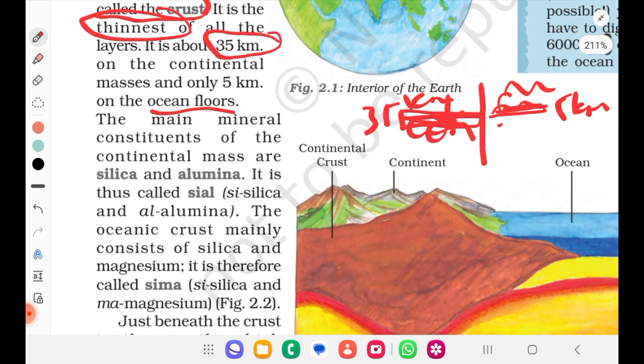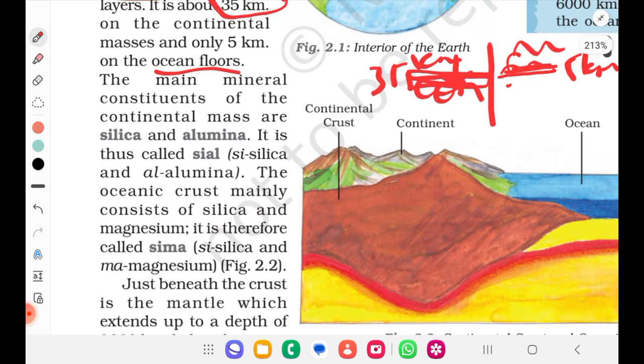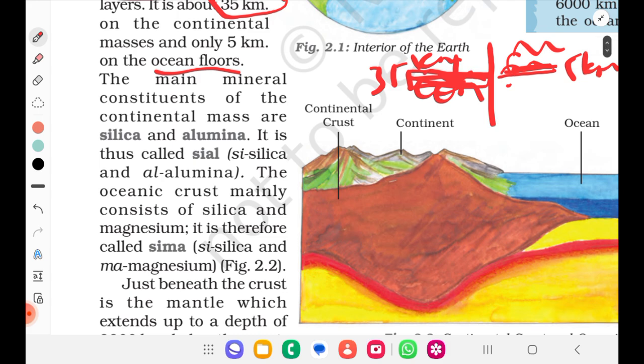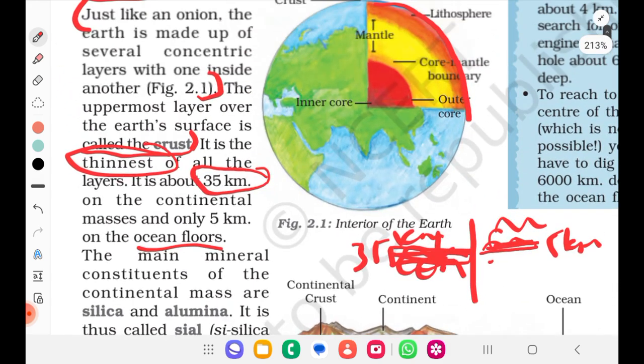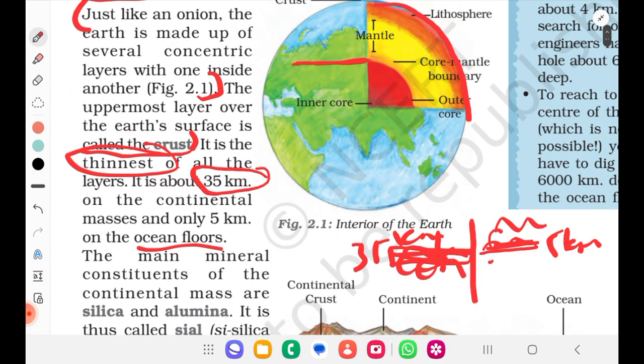The main mineral constituents of the continental mass are silica and alumina. It is thus called Sial. Si is silica and Al is alumina. So now they are saying the composition. This is the continental crust because these are the continents, right?